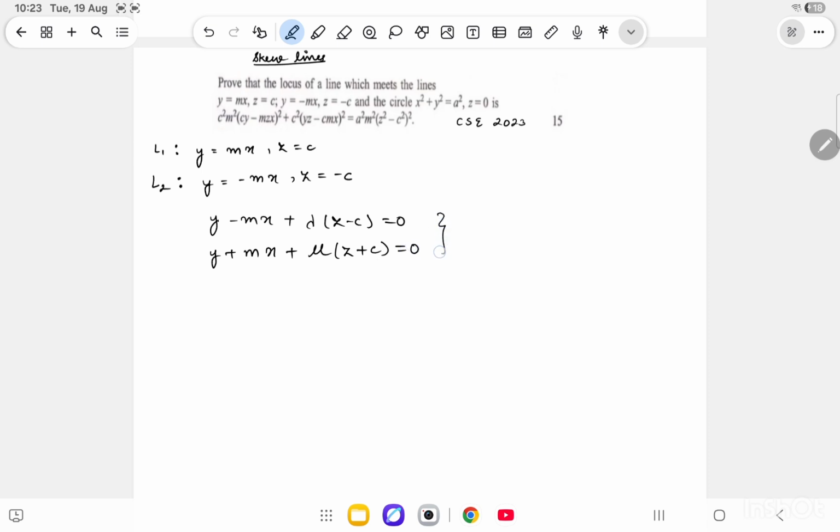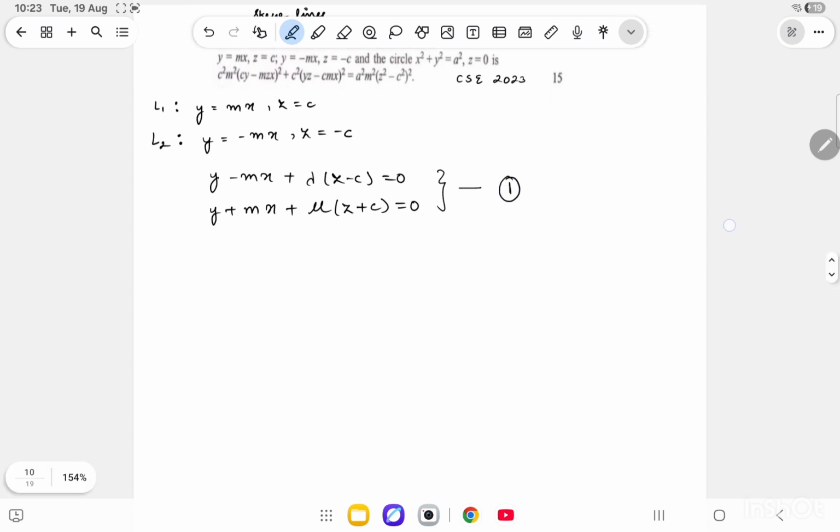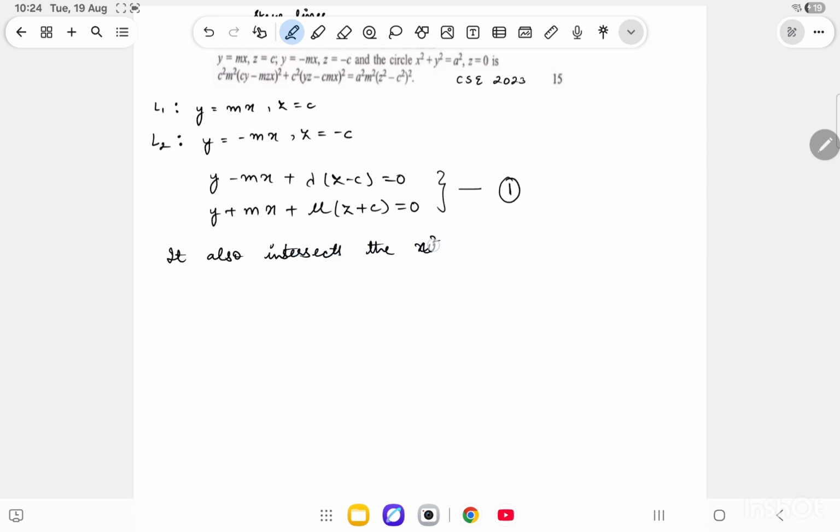So the intersecting line of these two planes will be the equation of the line which will be meeting these given lines. Let me name it as 1. It is also given in the question that this line also intersects the circle, which is x square plus y square equals a square and z equals 0.